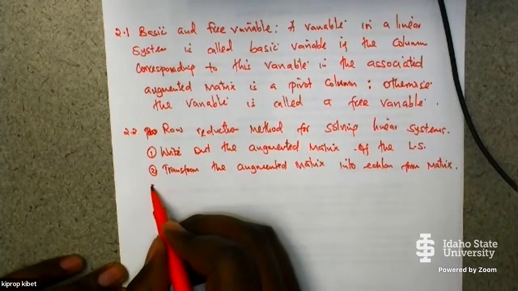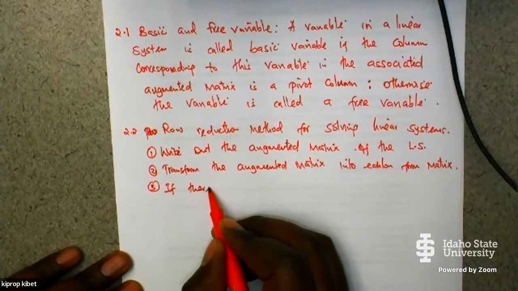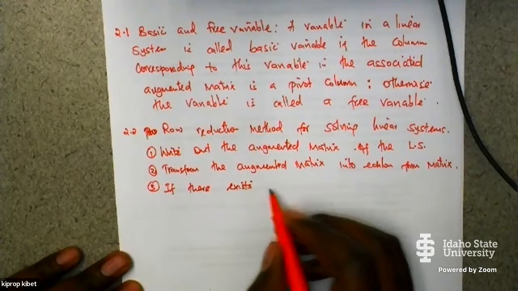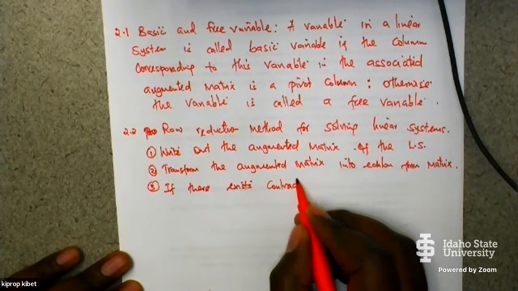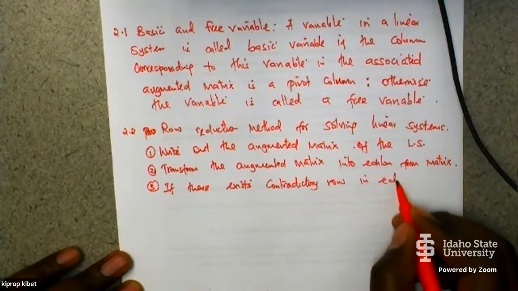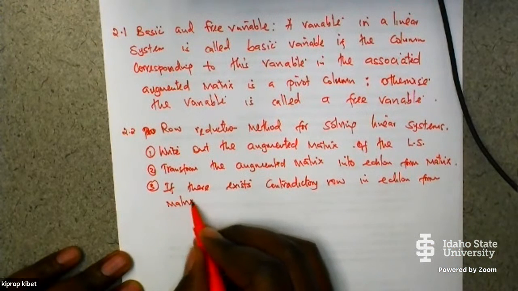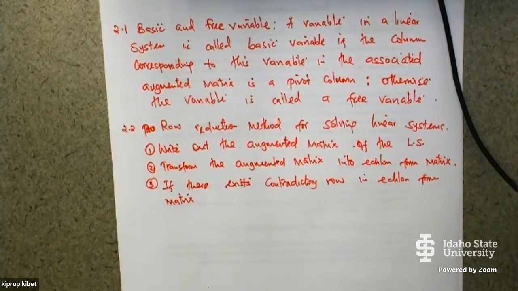Number three, if there exists a contradictory row in the echelon form matrix, from after reducing, you still remember the contradictory row. Then in this case, we will not get the solution of that matrix.